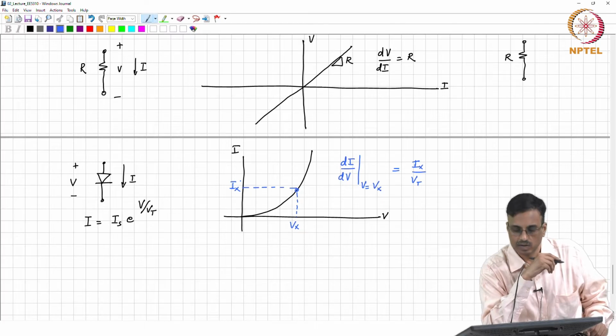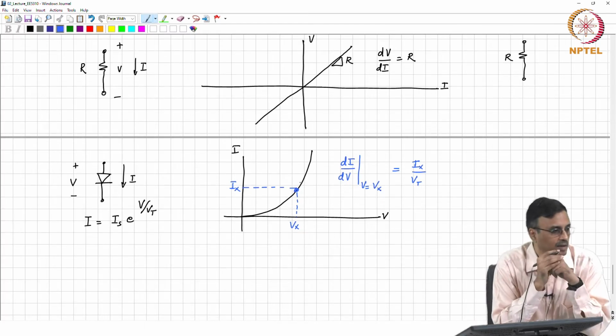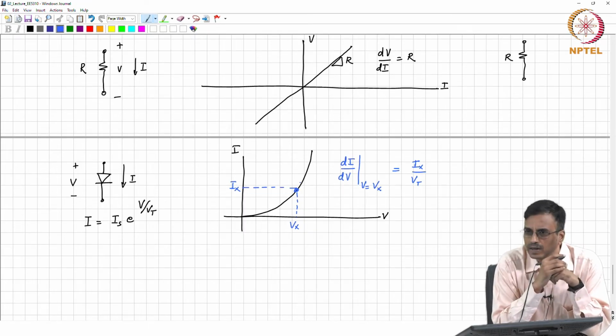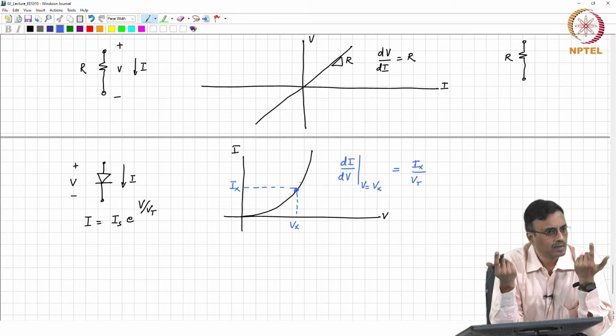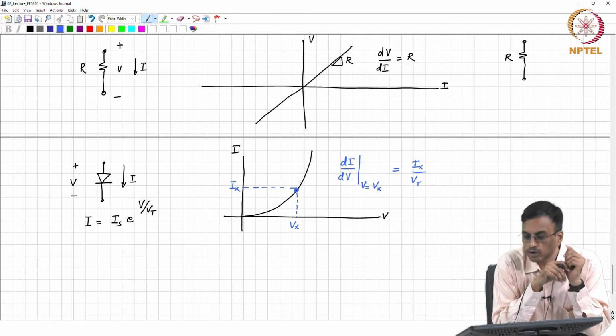So the operating point is basically this combination of Vx comma Ix. Given one you can find the other because you know the curve. All right. And what constitutes small signals?